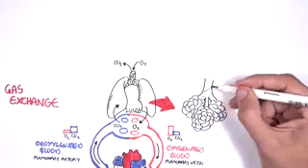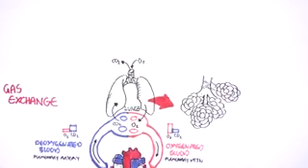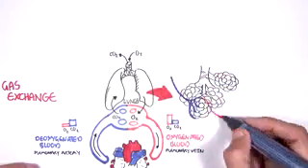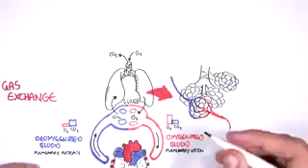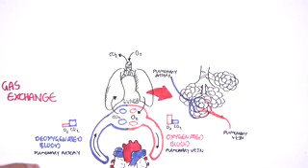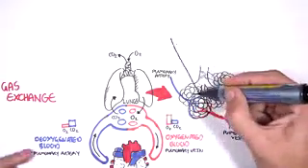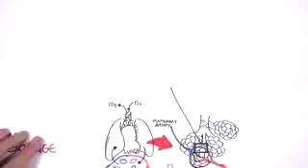This cluster of alveoli has a blood supply, essentially the pulmonary artery coming in and then the pulmonary vein leaving. So let us zoom into this area where gas exchange takes place within the alveoli.